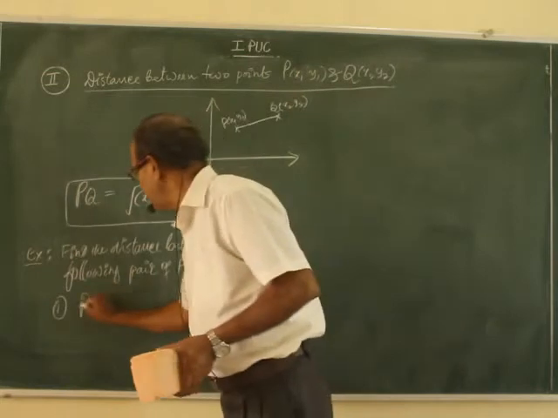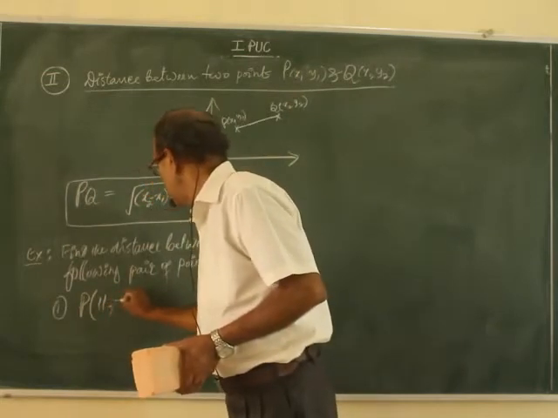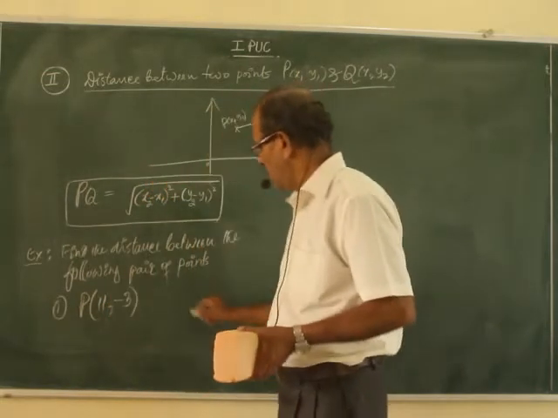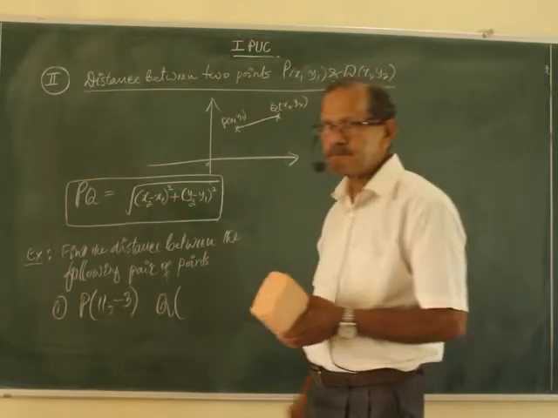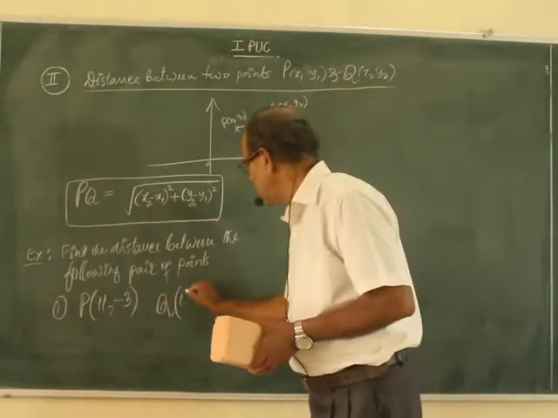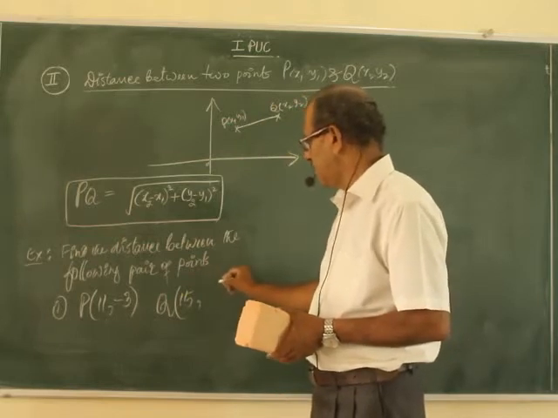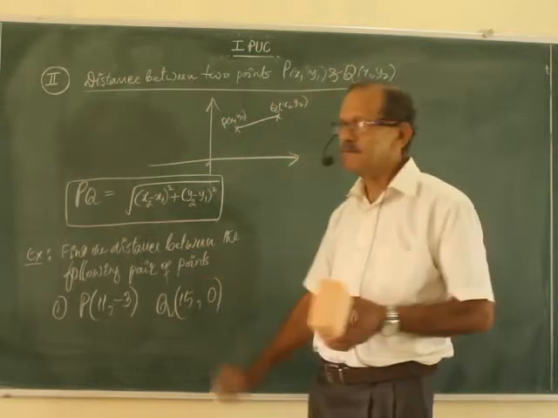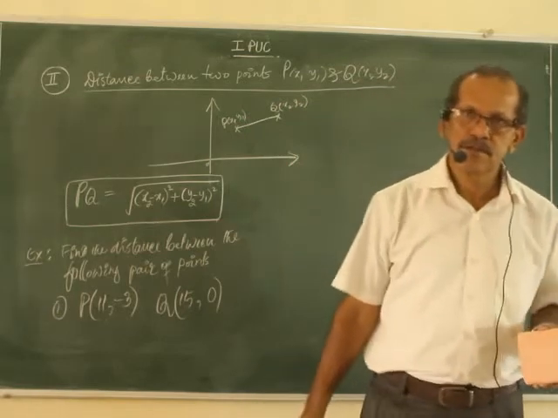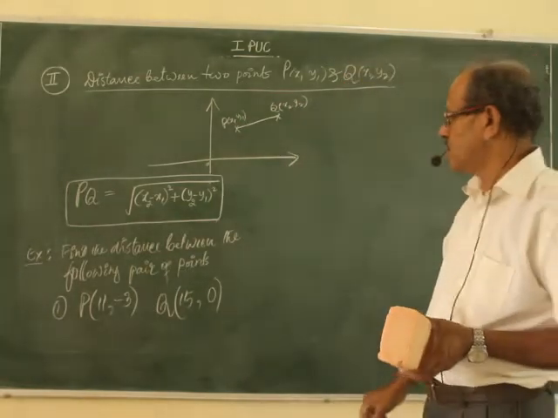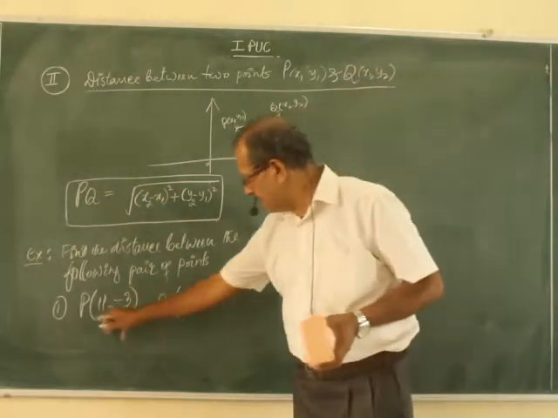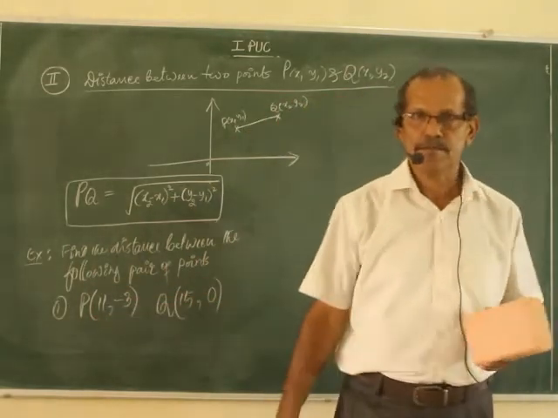First one is P is (11, minus 3). Q is (15, 0). There are 2 points. Find the distance between the points is the question.